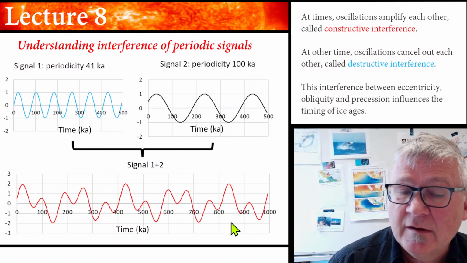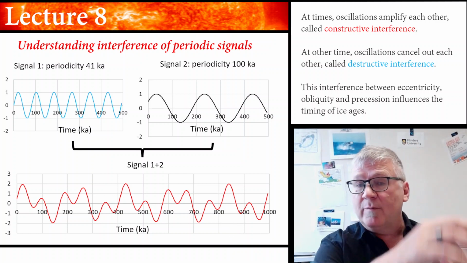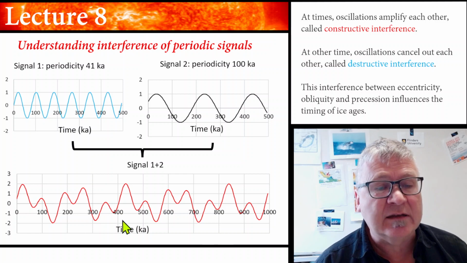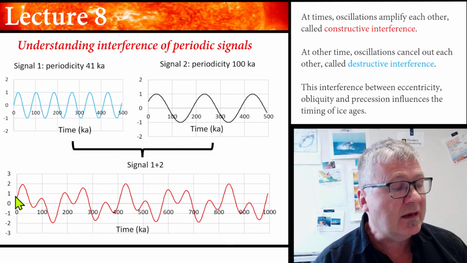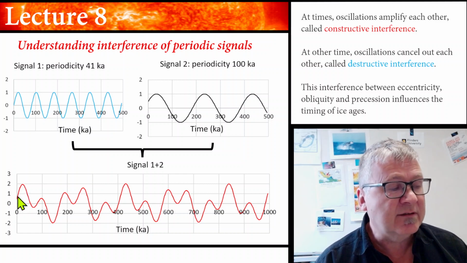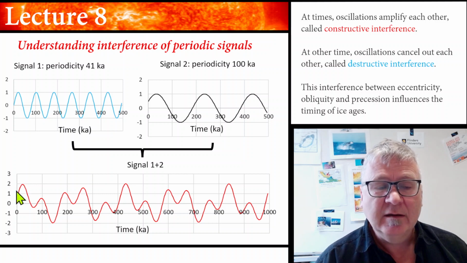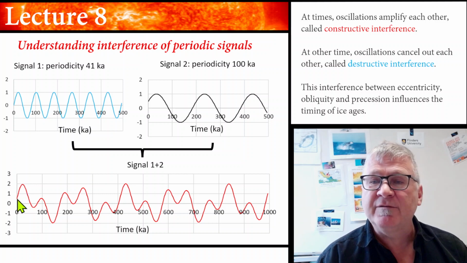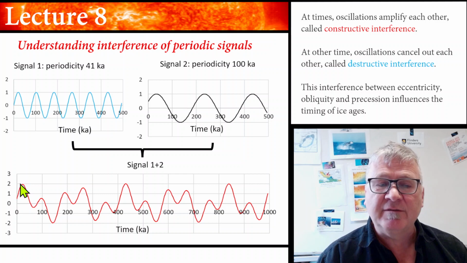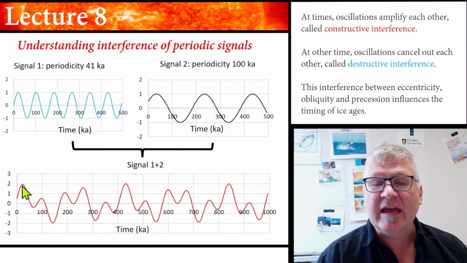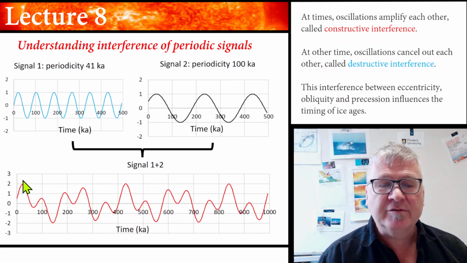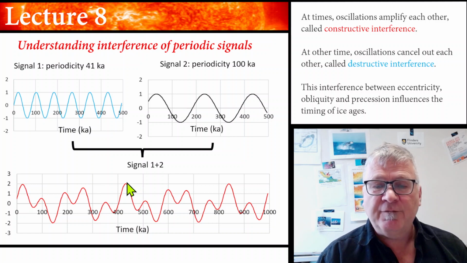At times, these signals actually sit on top of each other, and so instead of a magnitude of 1, you get a magnitude of 2. You can see that here. Okay? So this maximum interference, we call it constructive interference, happens about every 400,000 years or something like that. Okay?